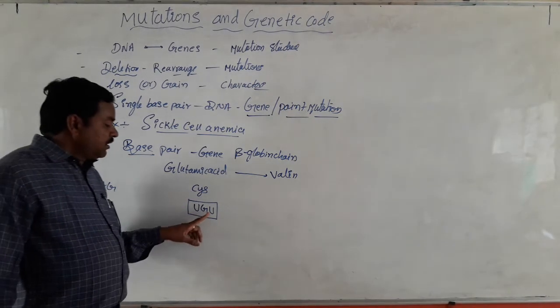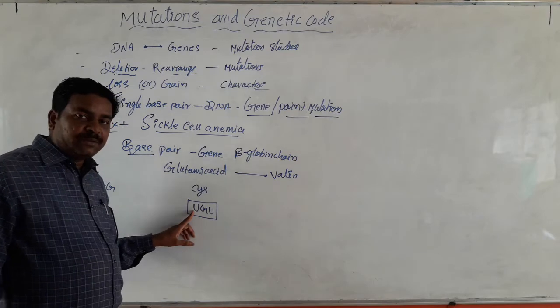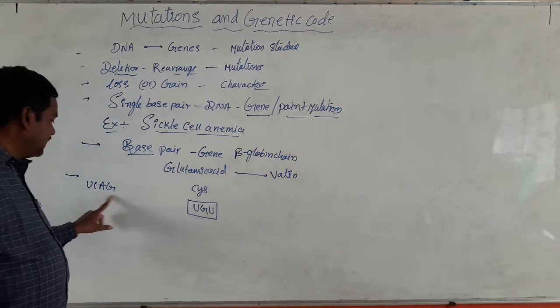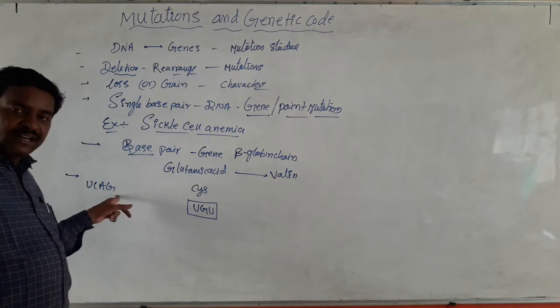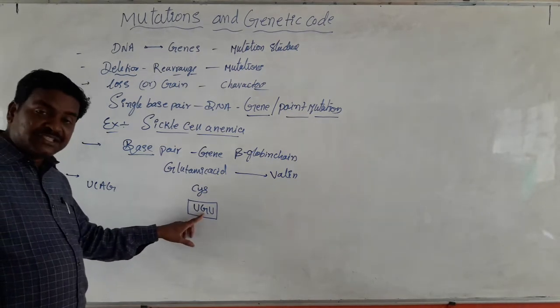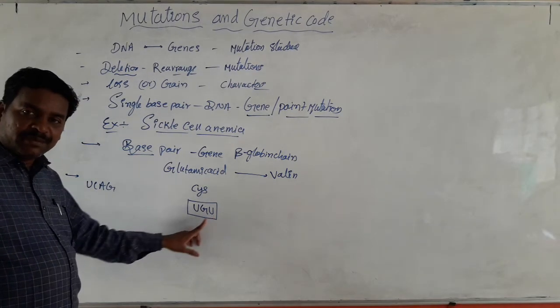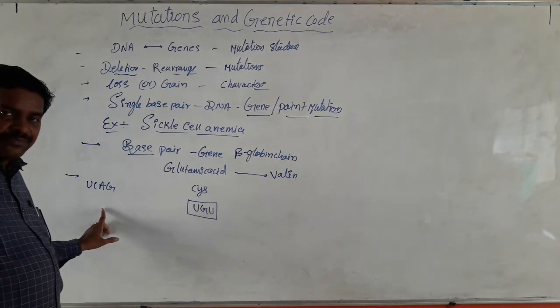So, the first letter U may be changed. It may be replaced by some other nitrogen bases. The middle letter G may be replaced by these letters. The third letter U may be replaced by this.